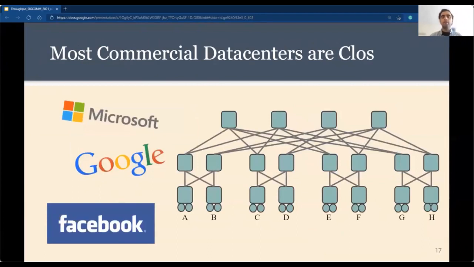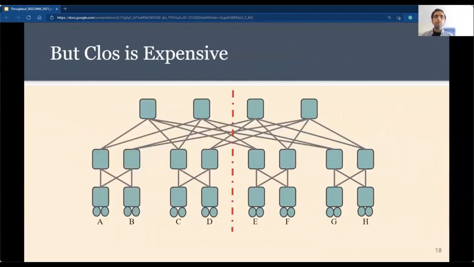It has a hierarchical structure consisting of a multi-rooted tree. However, Clos is very expensive. If you want to have a full bisection bandwidth Clos, you need to use a lot of switches and many expensive optical links.